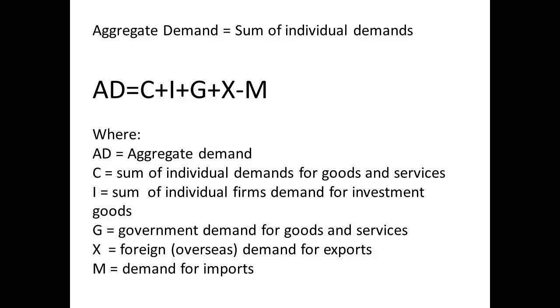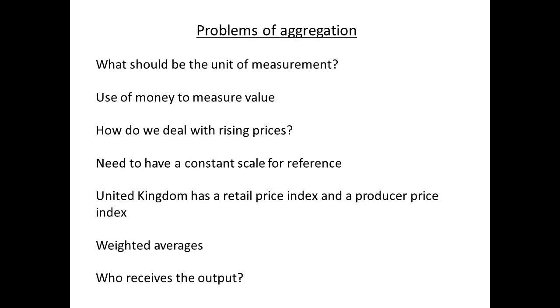We can state this by saying that the aggregate demand will equal the sum of all the individual demands for goods and services: the sum of individual firm demands for investment goods, government demands for goods and services, foreign demand for export, and home demand for imports. We shall express this as AD equals C plus I plus G plus X minus M.